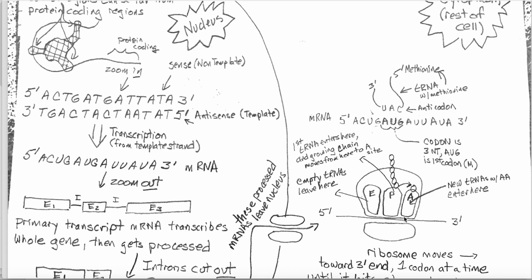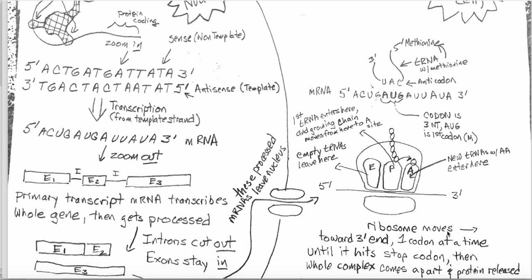And if there's a match, what happens is the methionine from the first codon is transferred over to the new amino acid, and now a peptide bond is made between those 2 amino acids by the ribosome, and now your protein is 2 amino acids long. Now the whole ribosome moves toward the 3' end.